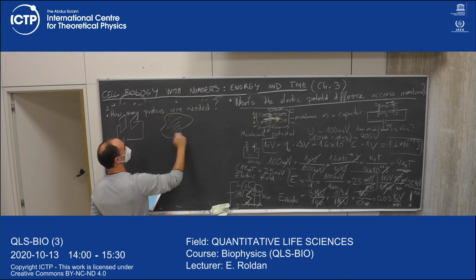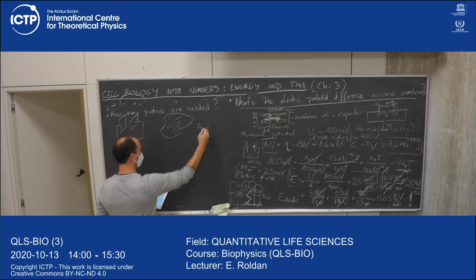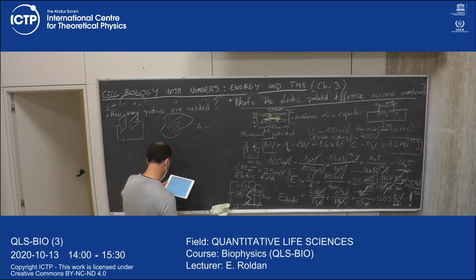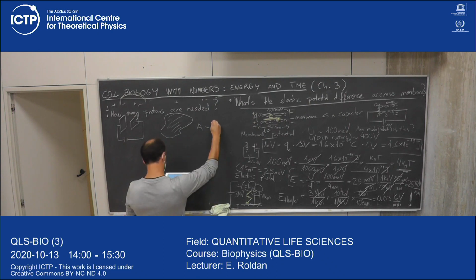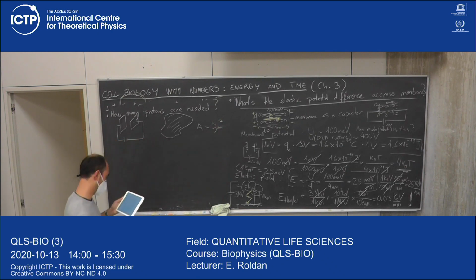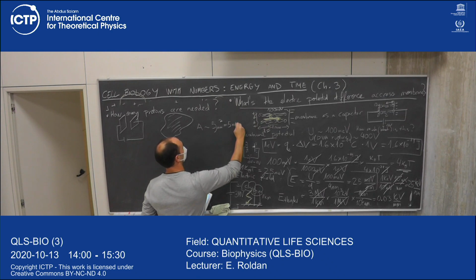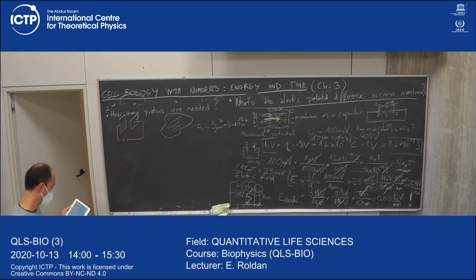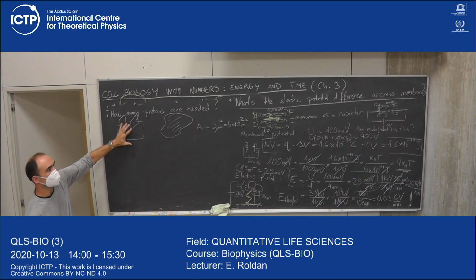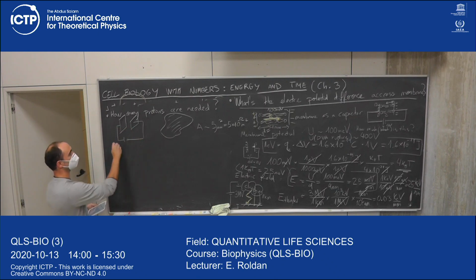The surface is all around, and the surface area is of the order of 5 microns squared, which will be 5 times 10 to the minus 12 meters squared, right? And I'm doing this approximation. So now I have this electric field in this plane capacitor. The approximation is a plane capacitor.